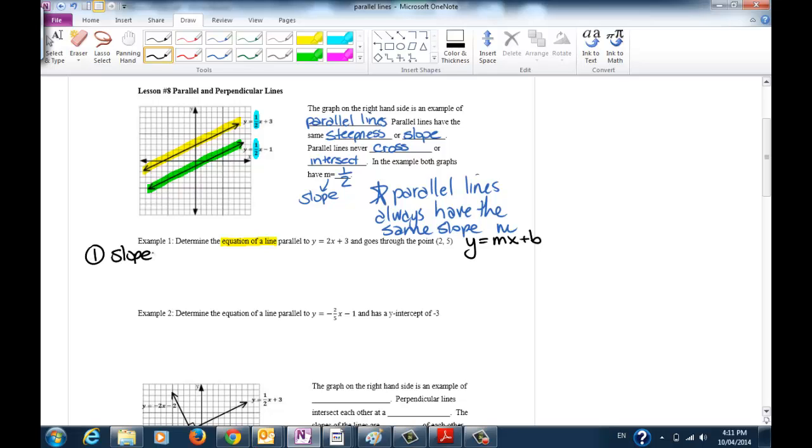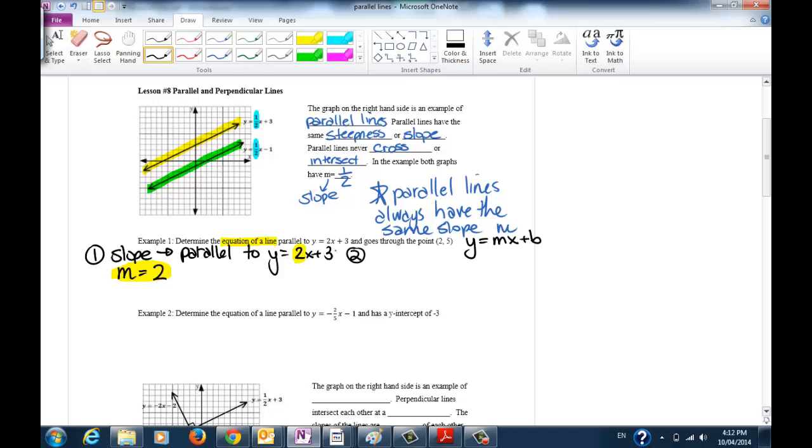Okay, and it's telling us it's parallel to y equals 2x plus 3. So parallel means to have the same slope. So that means that m equals 2.